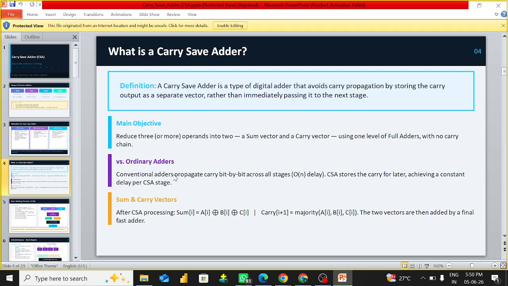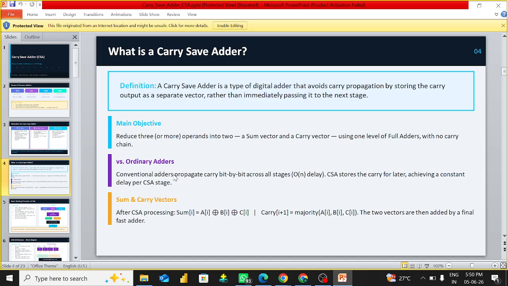So what is a carry save adder? We are formally going to define it. A carry save adder is a digital circuit that adds three operands simultaneously and produces two outputs. What are the two outputs? The two outputs are the sum vector and the carry vector.